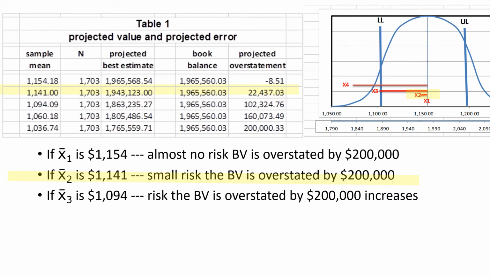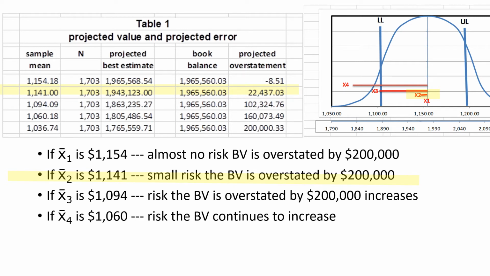Now, as the sample mean gets smaller, moves further from the book value, then the risk of overstatement increases. Does that make sense? If the sample mean was 1060, X4, way out, then the risk continues to increase.